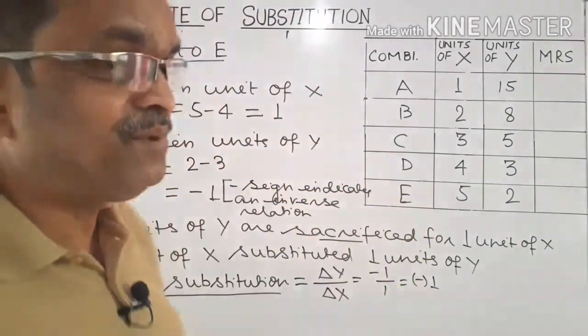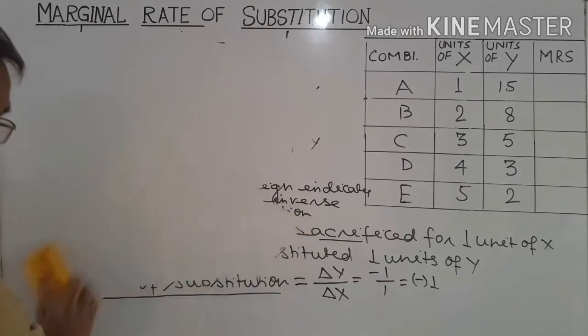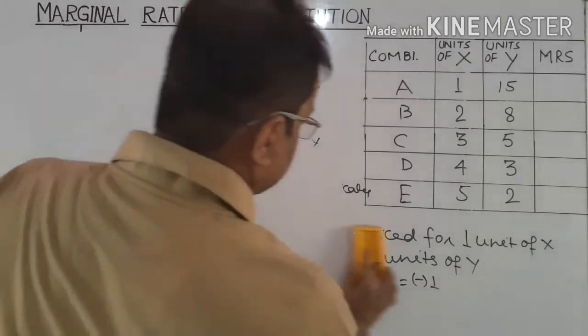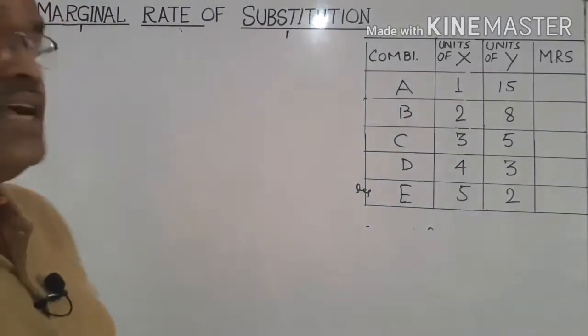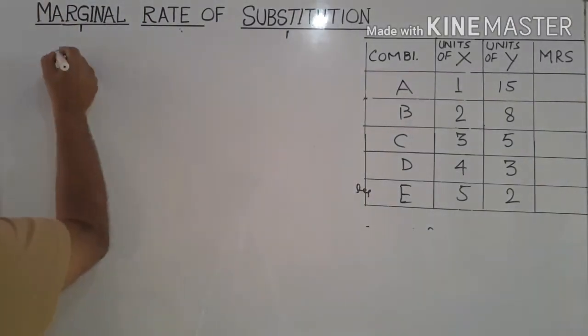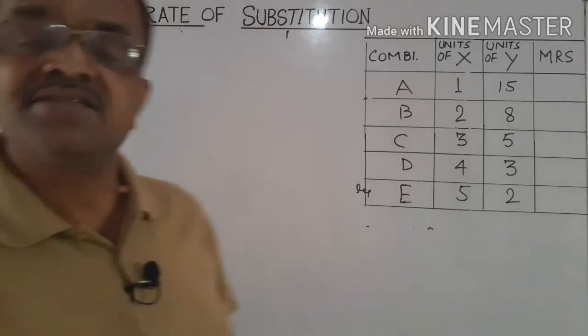How can it be calculated? It can be calculated as the ratio. Ratio of what? Ratio of two components. One is the units of Y sacrificed, and another one is the unit of commodity X gained.